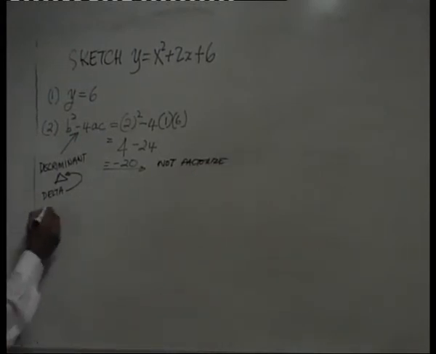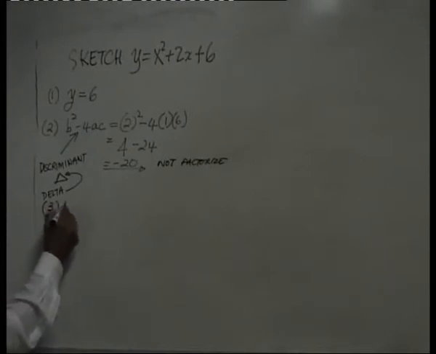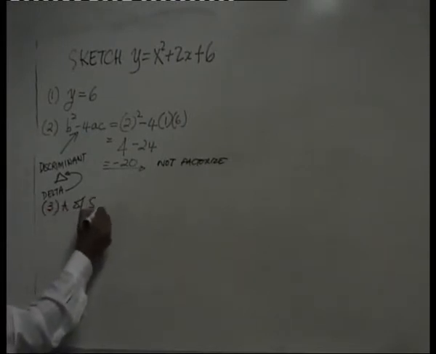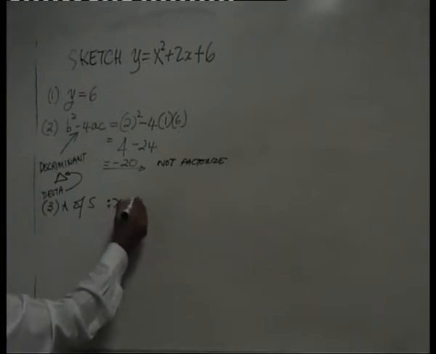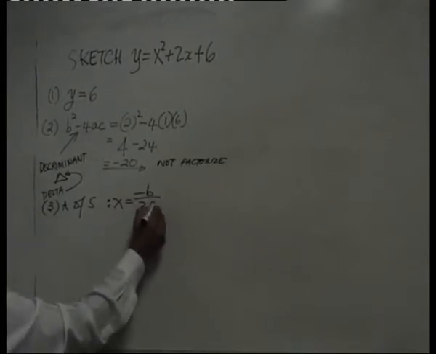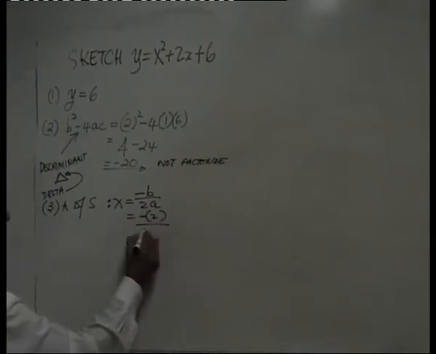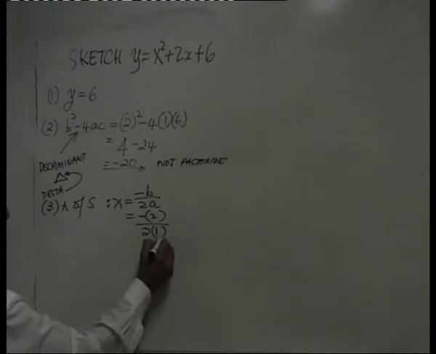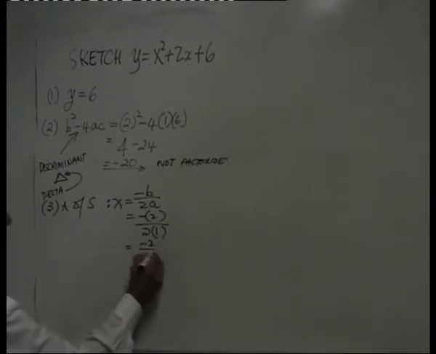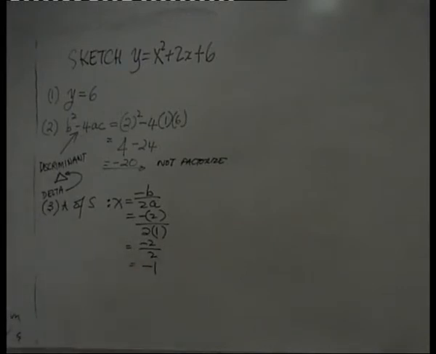Then we move on to finding the axis of symmetry. x is equal to negative b over 2a, which will give us negative 2 over 2 times 1, which gives negative 2 over 2, which gives negative 1.